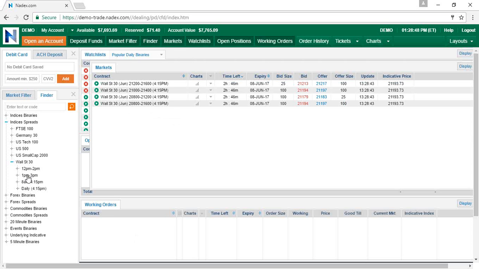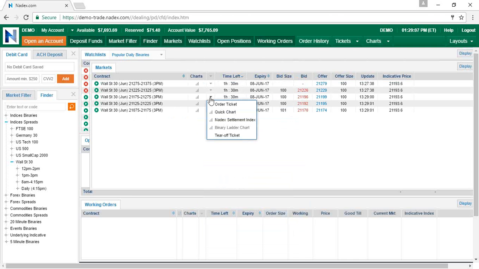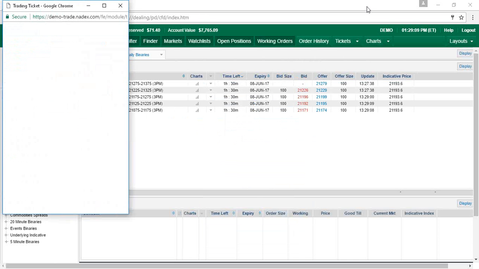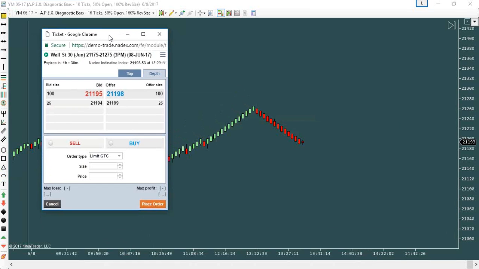Let's look at a different spread. Let's even look at a smaller time frame spread. Some of these just opened up at 1 o'clock and they're going to expire at 3 p.m. These are smaller spreads, all right? So we're at 21,193. Let's open this spread right here and do a tear off ticket the same way, because it might feel like we're repeating ourselves, but we really need to get this.